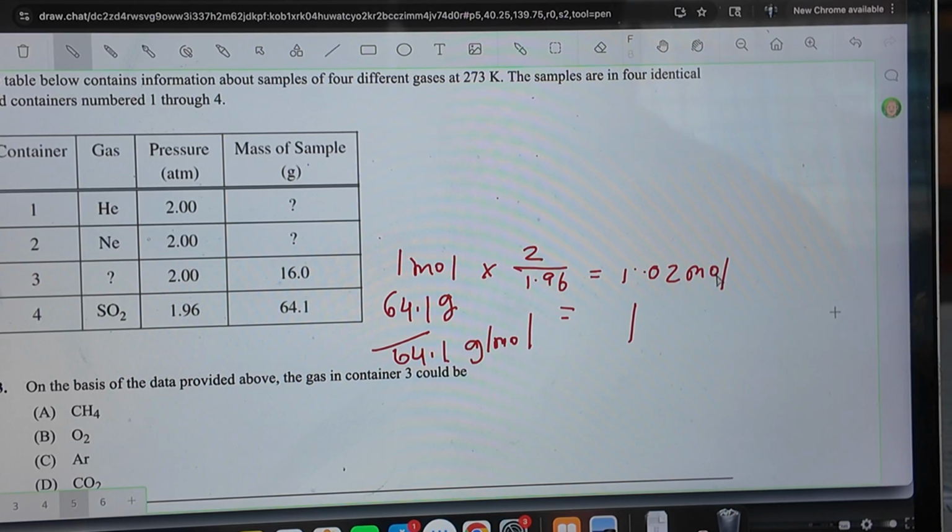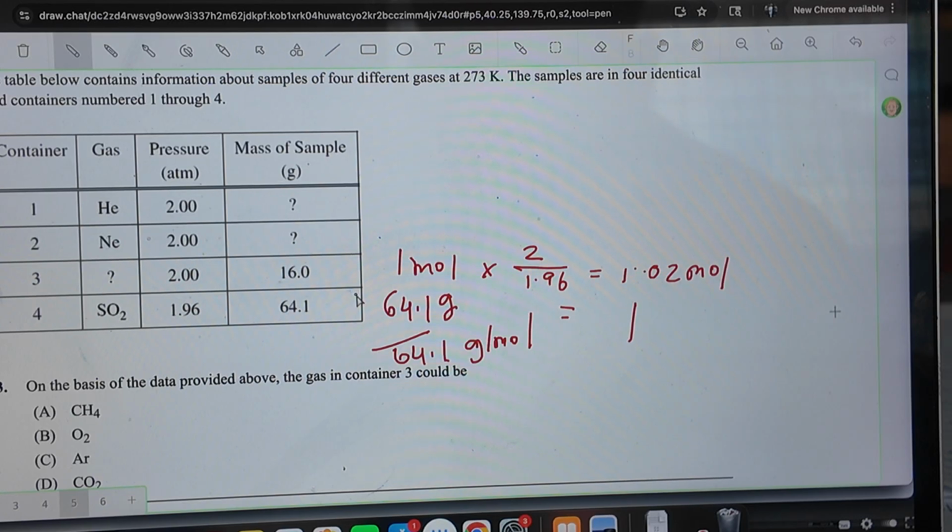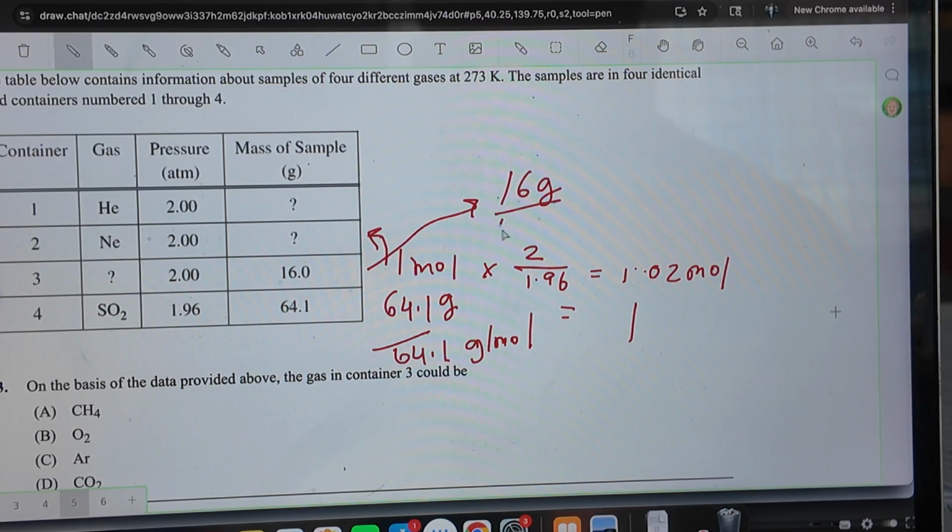Container 3 has 16 grams, divided by 1.02.